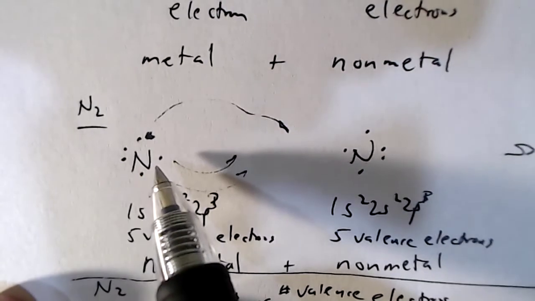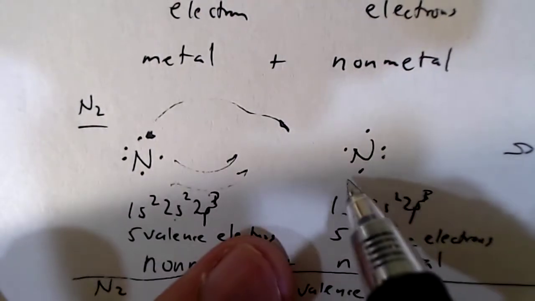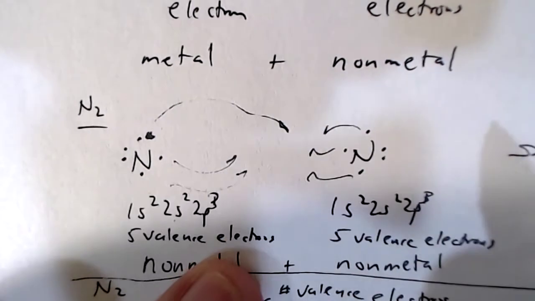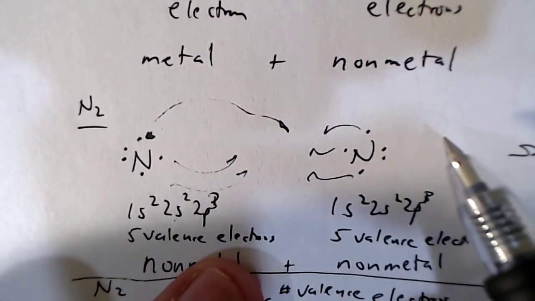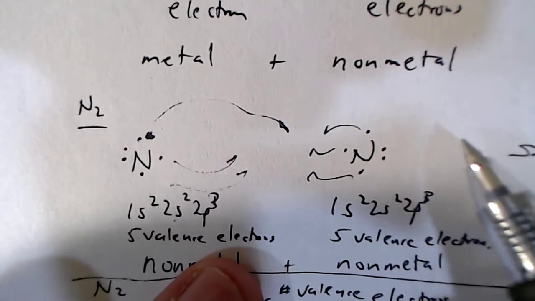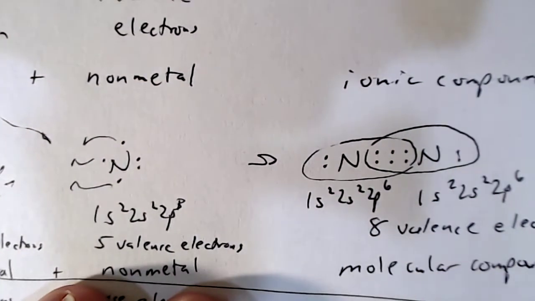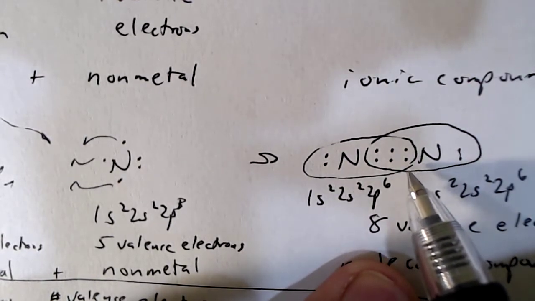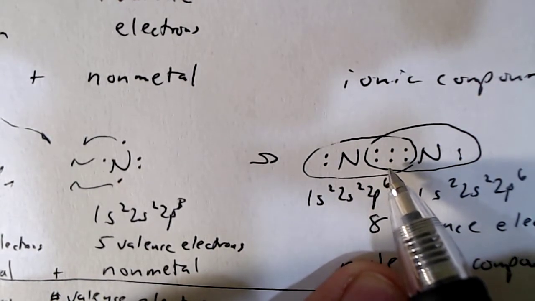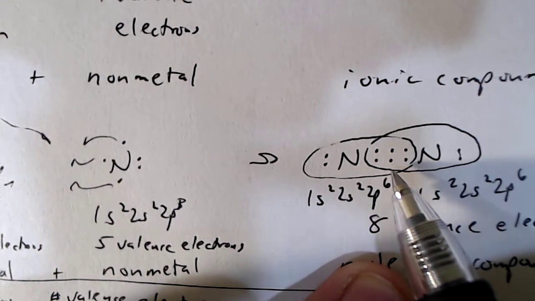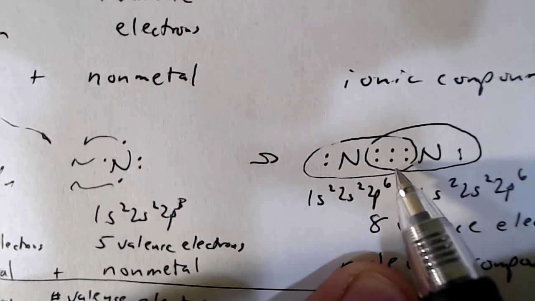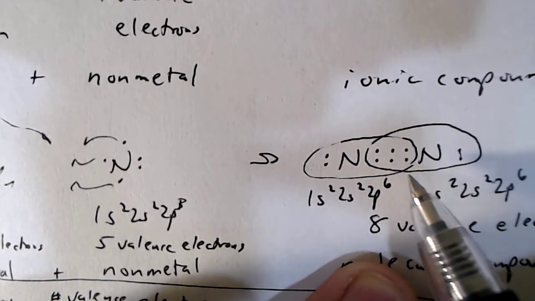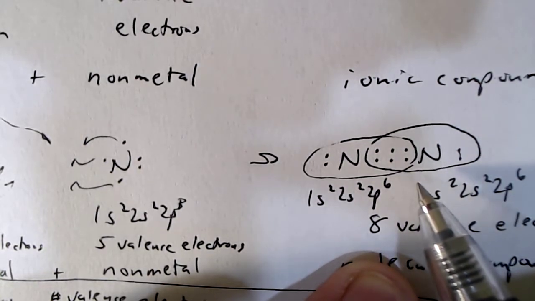And similarly, this nitrogen has 5 valence electrons, but if you send 1, 2, 3 electrons in towards it, it will also have 8 valence electrons around it. The electrons that were sent in will now be in between those nitrogen atoms. They will be in a covalent bond, a sharing of electrons. Co means sharing, and valent refers to valence electrons.